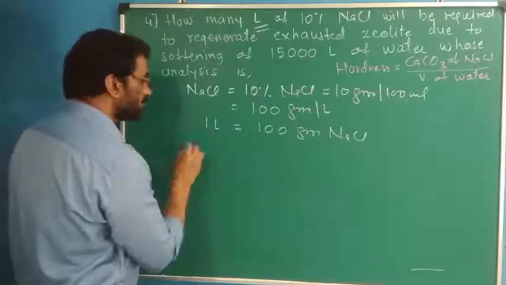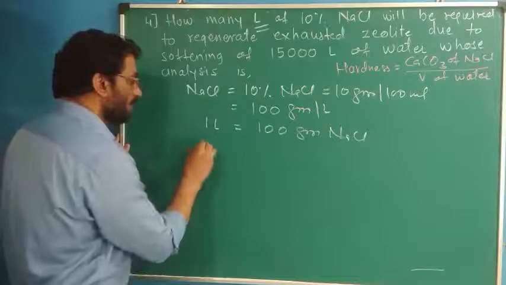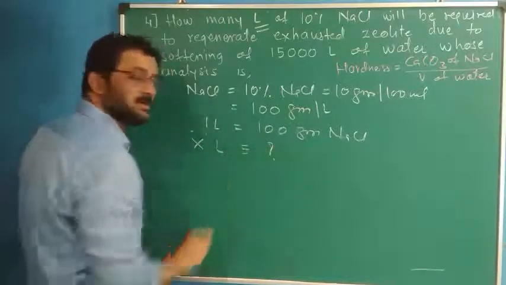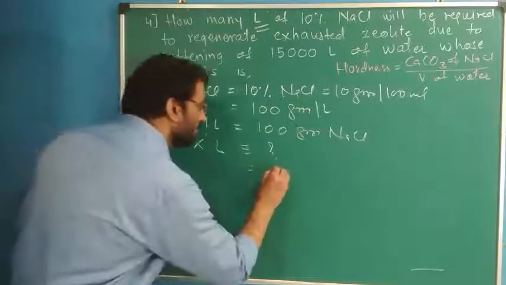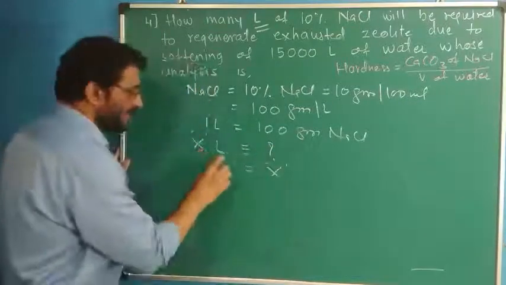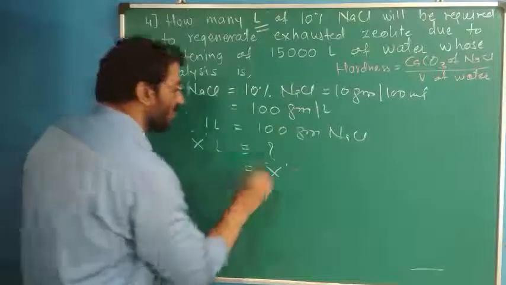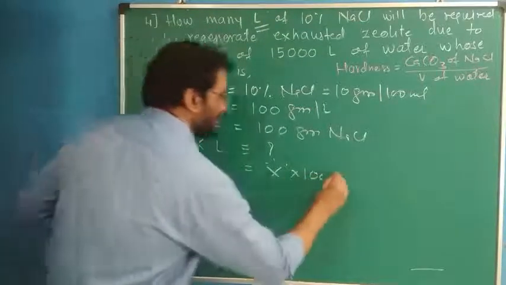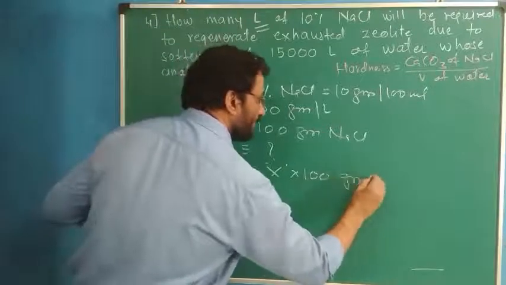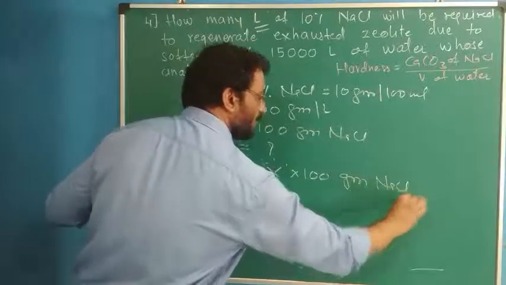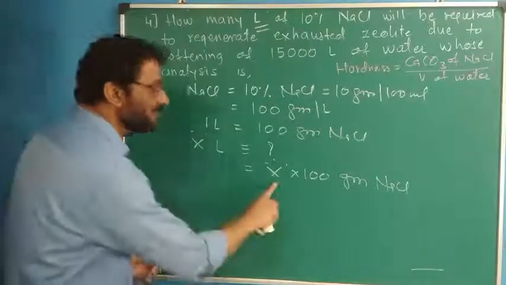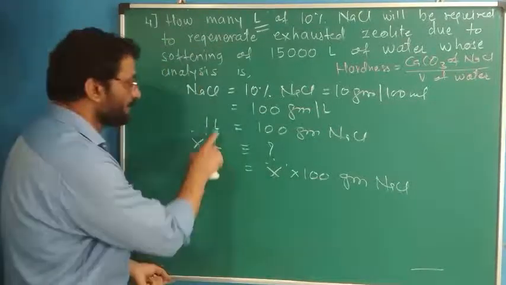So therefore such X liter corresponds to how much? It will be equal to that X we have to find out. X volume, X liter we have to find out. So X into what? 100 divided by 1. This is what? This is grams of NaCl. Quantity of NaCl, amount of NaCl is X into 100 from this.